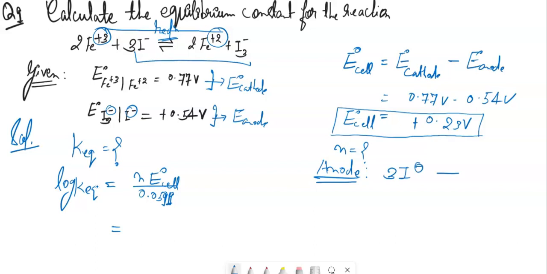We know that if there is a loss of electrons, there is oxidation.